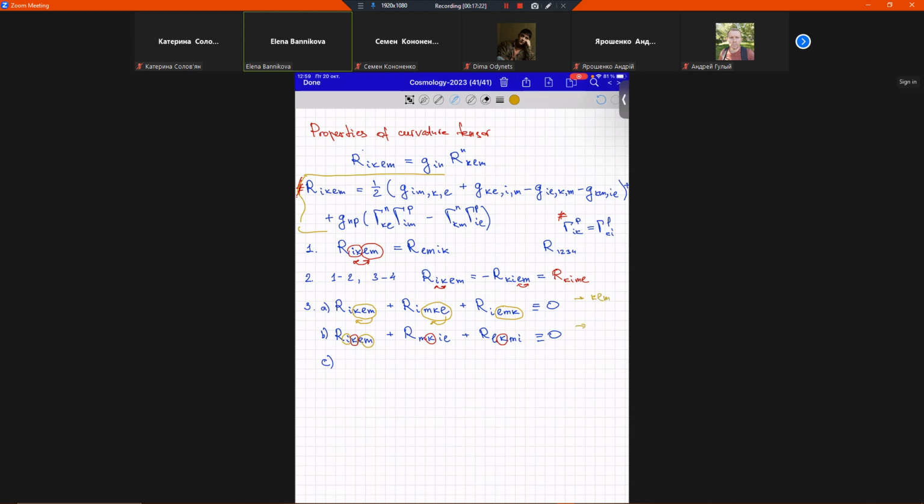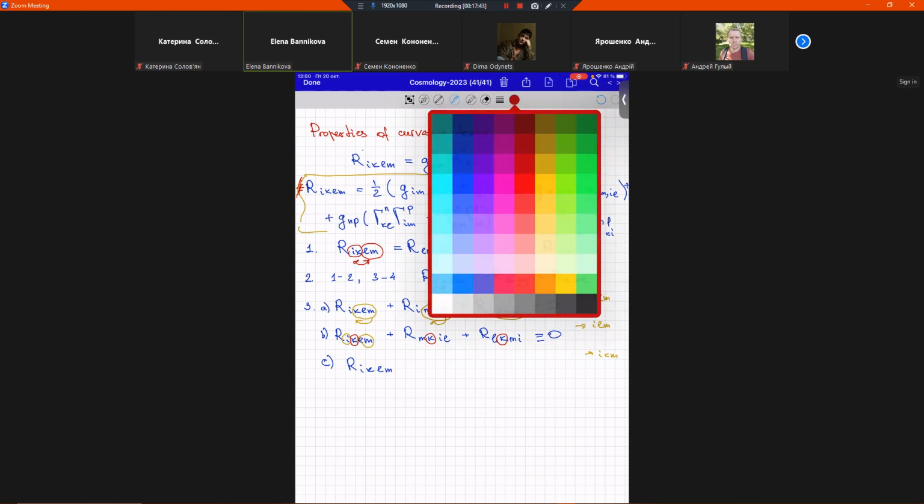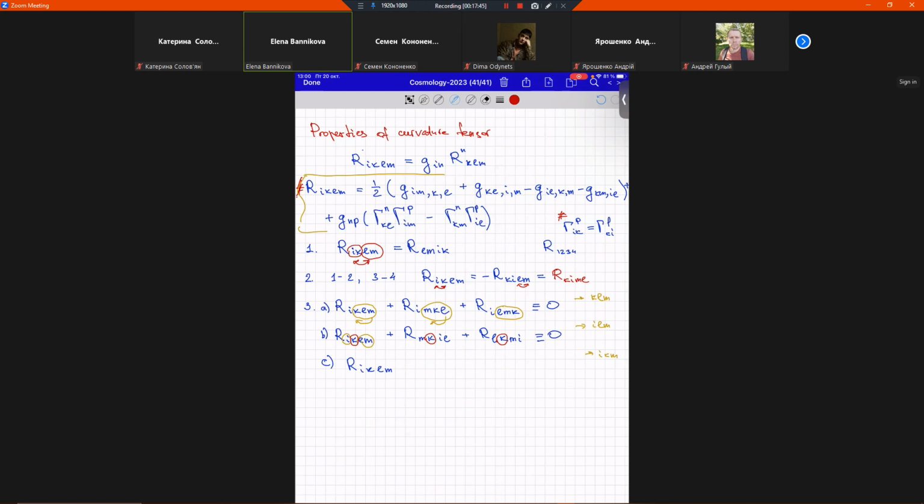Here I choose three indexes, i, l, m. Here, for example, i, k, m. So again, I will write R_iklm, and I choose this one. Let's put what we fixed. We fixed l, and the other three we will change.